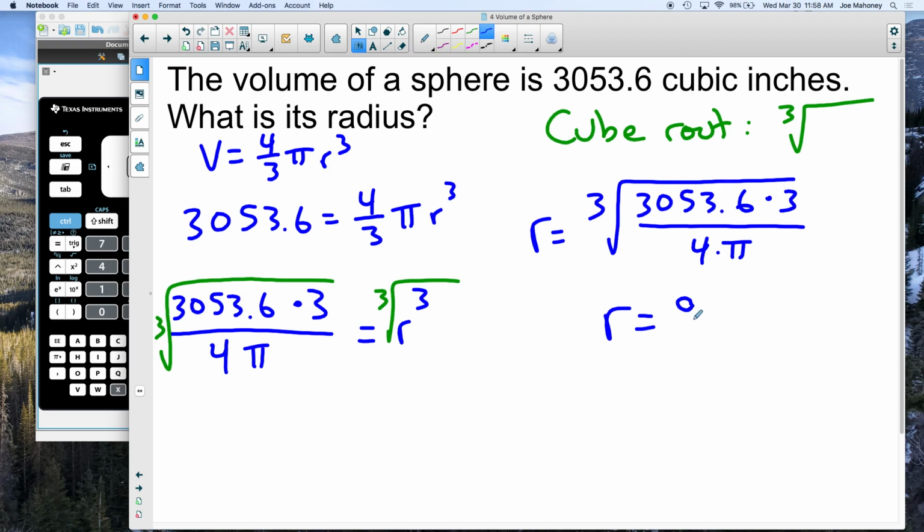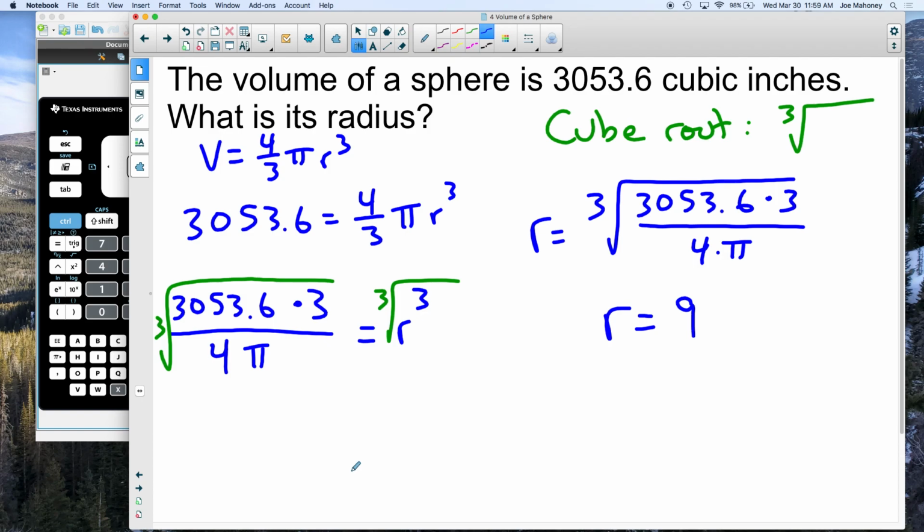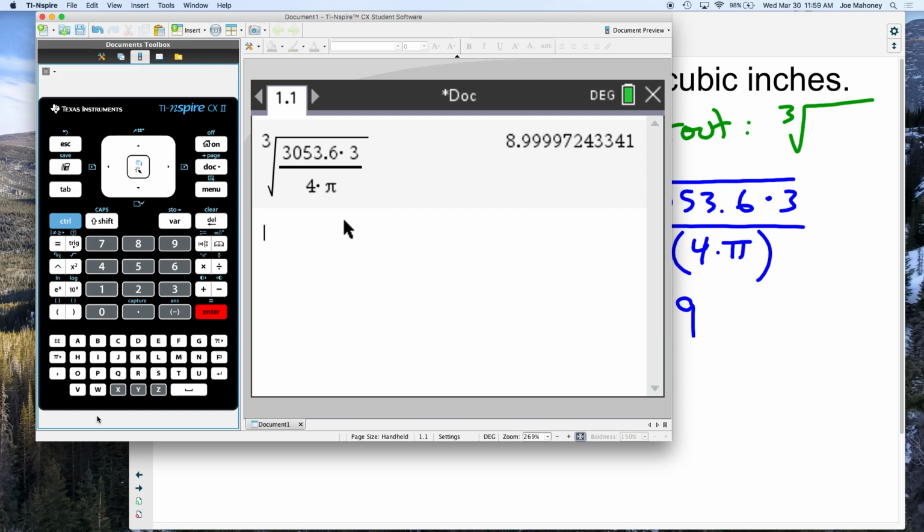The radius is 9. Now, what I want you to be careful about is if you're not using the TI Nspire calculator, what you have to realize, I'll go back here, is that when you divide by 4 pi, make sure you put that 4 pi in parentheses. Because otherwise, I'm going to get a completely different value. All right? And that's why I like to do this as a fraction.